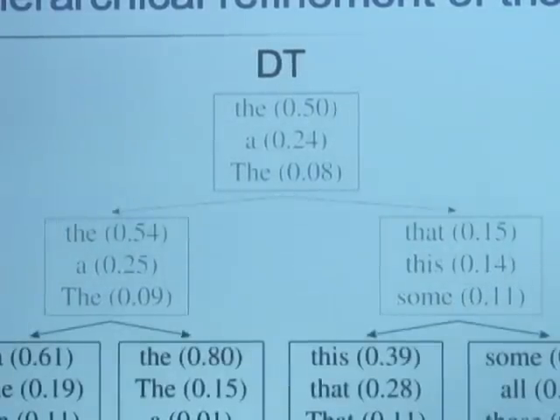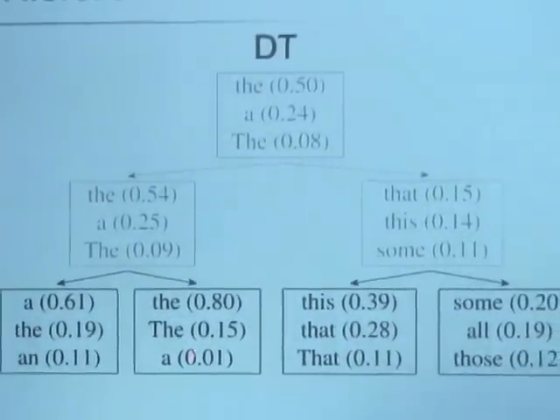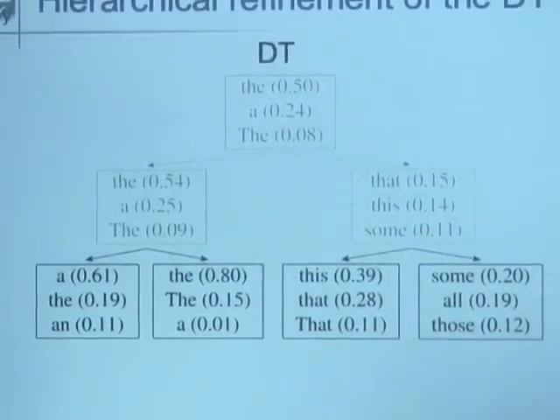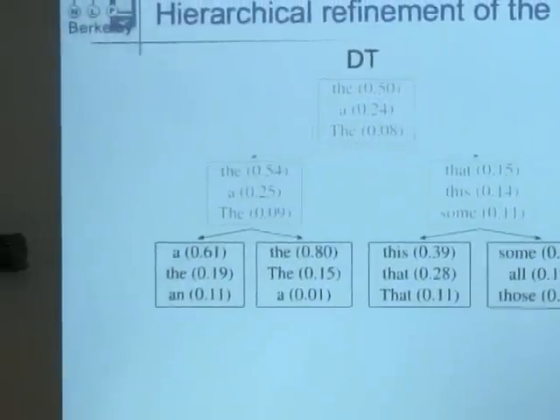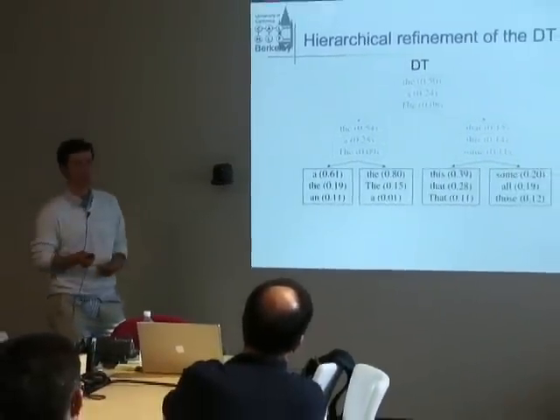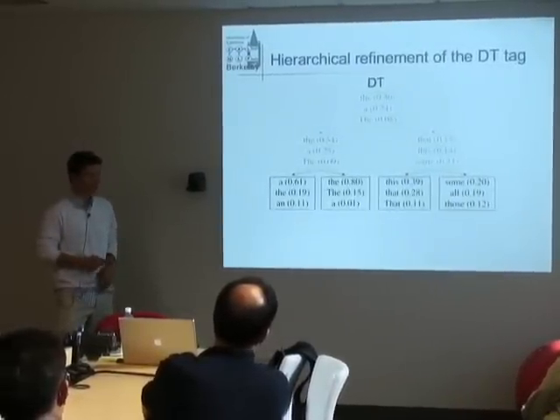And then when we go one step further, we learn that there's indefinite and definite determiners, and that there is demonstratives and quantificational elements. And those patterns are often observed: the categories that we learn are linguistically sensible. Sometimes they're syntactically motivated, sometimes semantically, often there's a mixture of both.